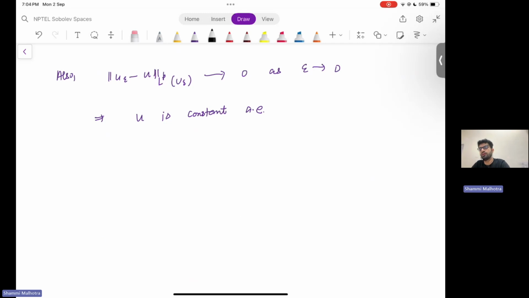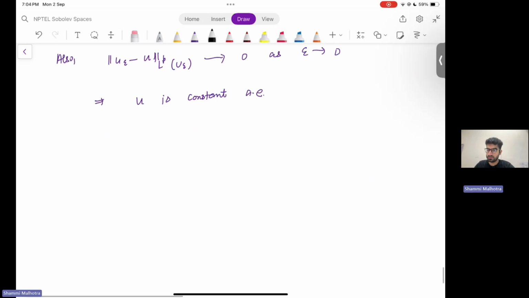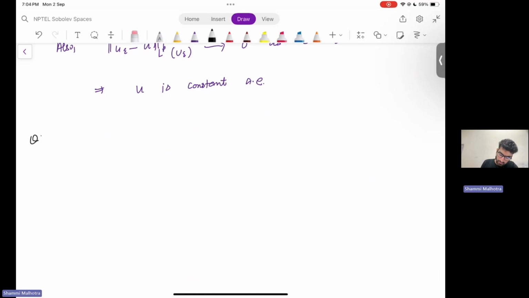Like we are not able to show that it is in the L infinity space. So we have one more example of a function which is in the W1n space but is not bounded. We saw one in the video lecture, but we have another one.